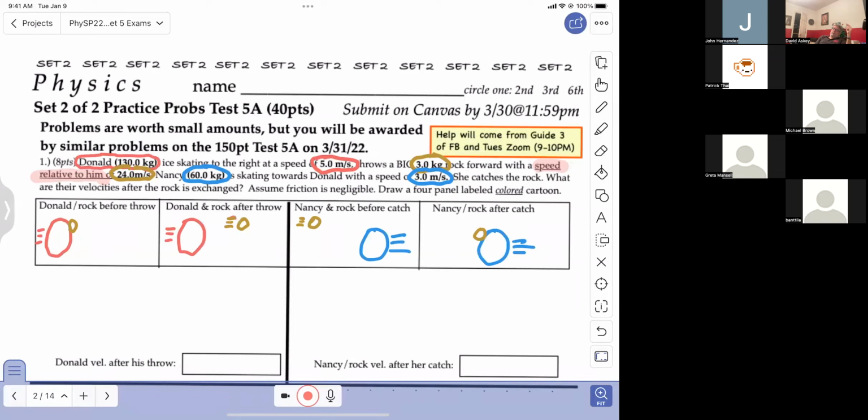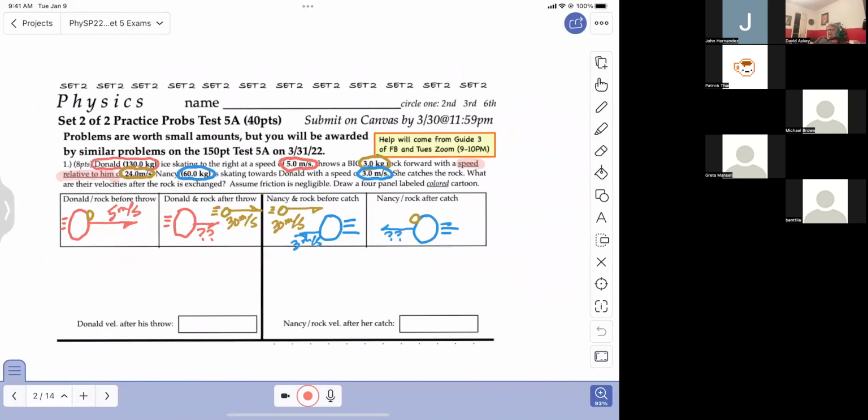Or maybe she or he throws something at the other person that thing is so heavy, it turns them around and sends them back the other way. Okay, so in that case, your signs change. It's still the basic same problem. Recoil with initial velocity and inelastic collision. Still the same basic problem with some tweaks.